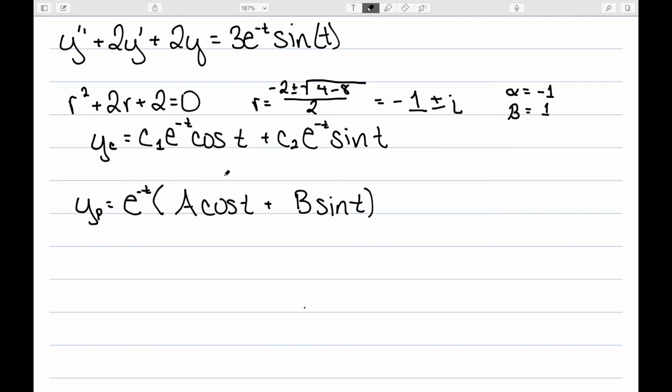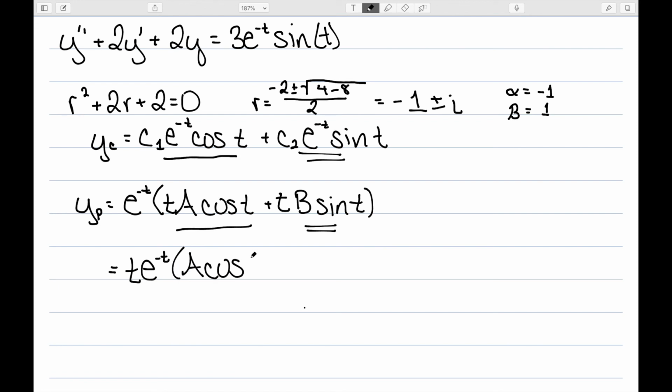However, we also now see that this term here and this one here are not linearly independent, so we're going to include a t. And this piece here and this piece here are also not linearly independent, so we're going to include another t. We can then rewrite this as t e to the minus t times a cosine t plus b sine t.